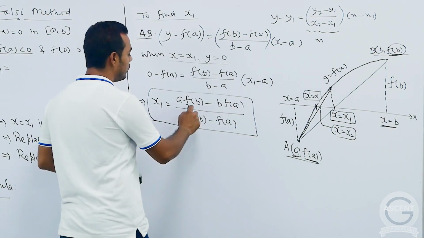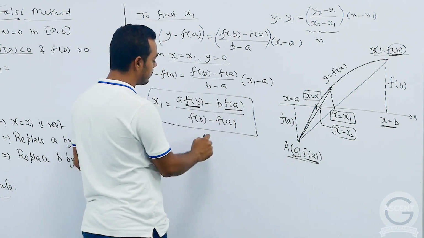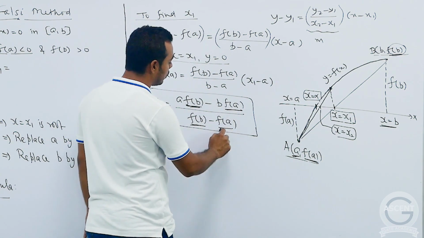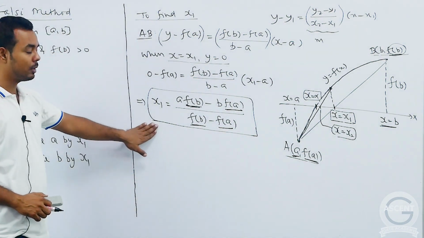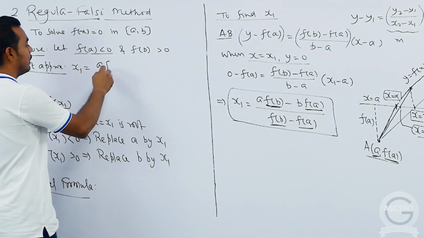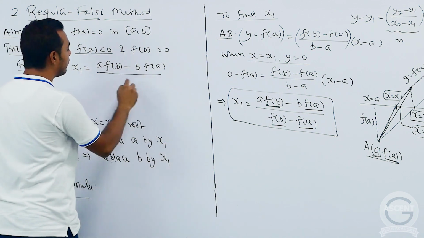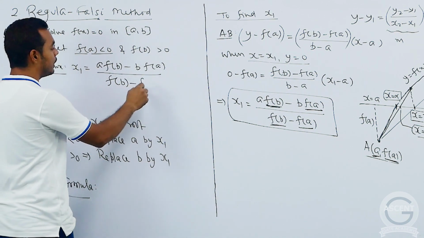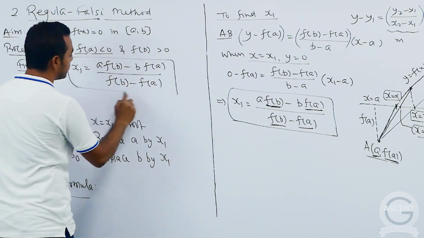And in the denominator you can see that y is in the same order: f of b minus f of a, just as in the numerator. So x1 will be simply a f of b minus b f of a by f of b minus f of a. This is the formula for the first approximation.